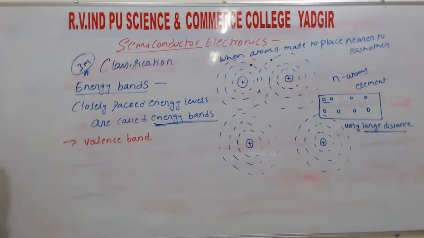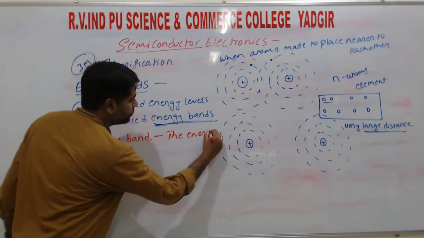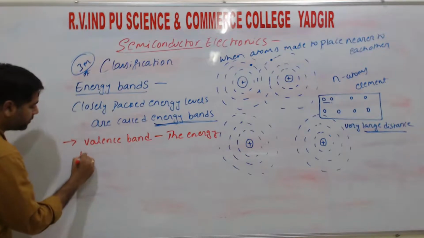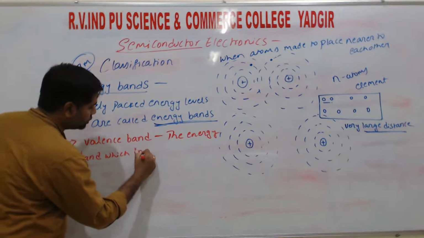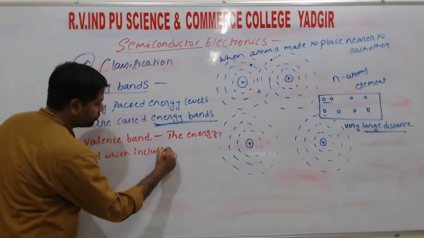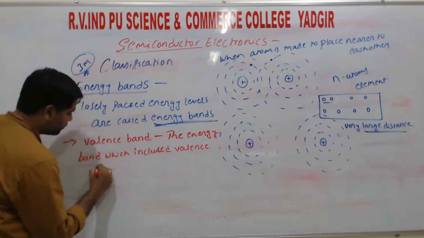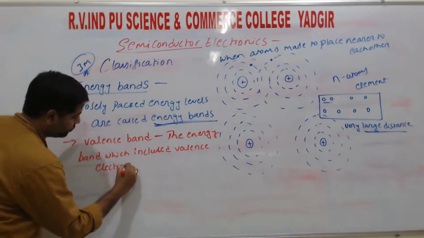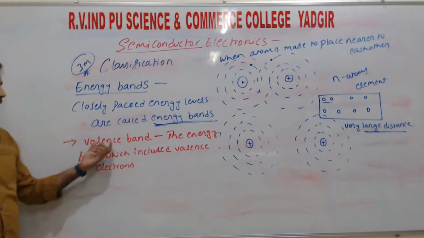That means the energy band which includes valence electrons is called the valence band.